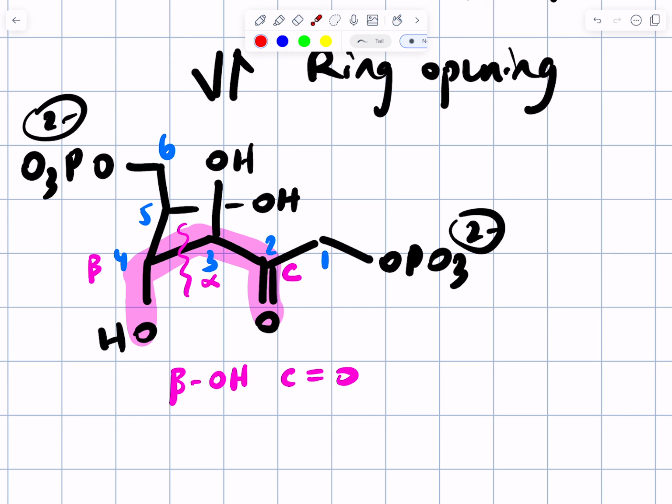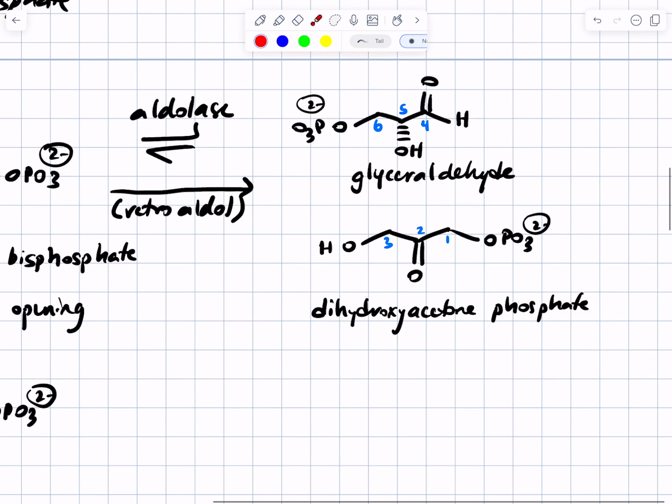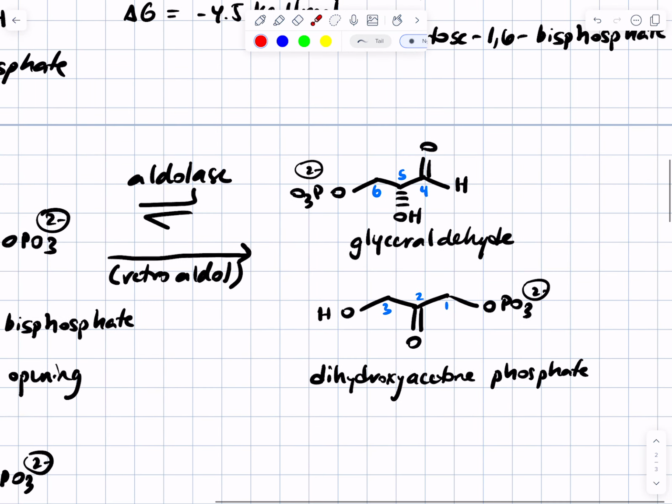And not only that, but look at the products. What is the relationship between dihydroxyacetone phosphate and glyceraldehyde? Is it similar to the relationship between fructose and glucose?